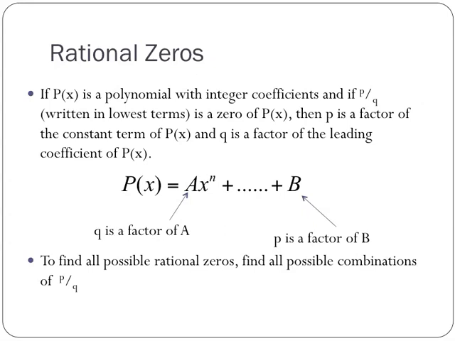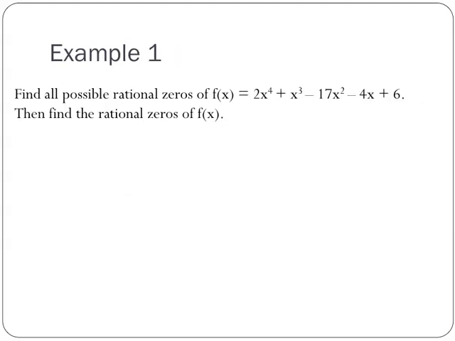Let's take a look at an example. If you are asked to find all possible rational zeros of this function, and then it says to find the rational zeros, notice the difference. One is all the possible ones, and then one is what are the rational zeros. So we're going to start by coming up with all the possibilities. That means we want to look at the constant term, which is 6, and the leading coefficient, which is 2.